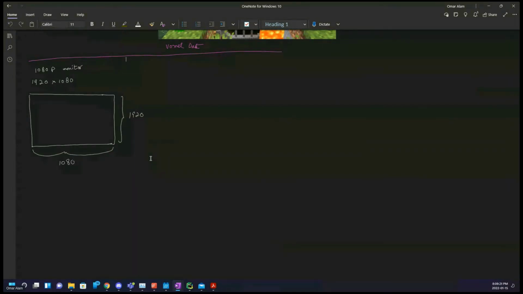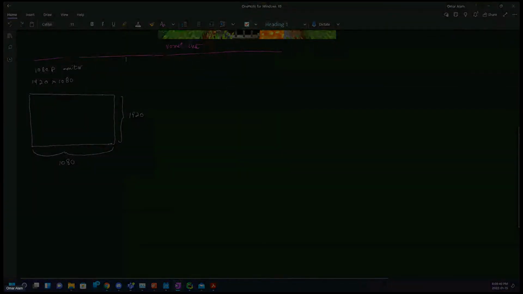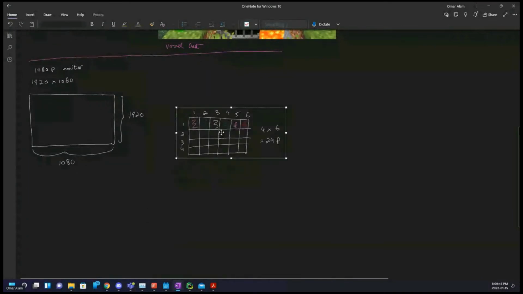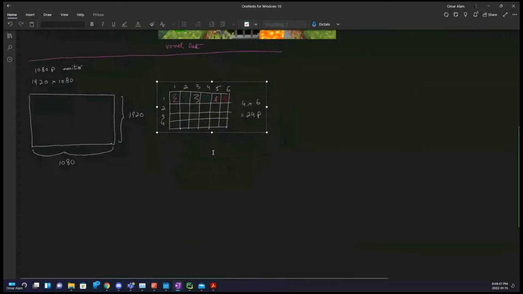You could essentially think of it as a matrix because each monitor actually has pixels, small discrete parts of the monitor. If you look in very close to your monitor, you will see that there's small squares inside there. And since we can't draw all of those, we'll consider the simpler case. We'll draw a beautiful 4 by 6 monitor, which has a resolution of 24 pixels.